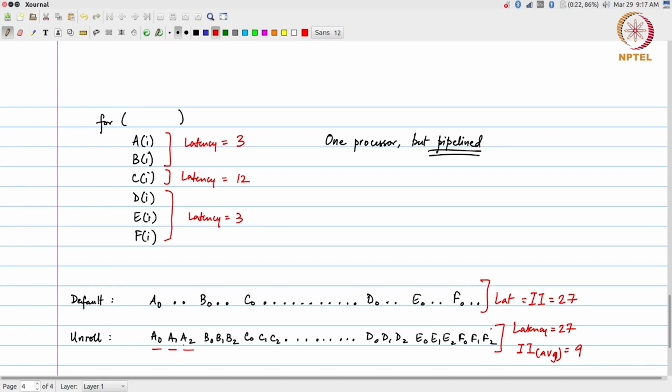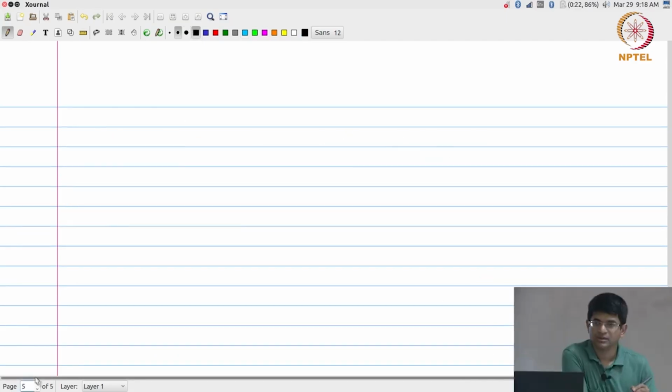Okay. Now, what is the best possible initiation interval for this? I have 6 operations, right. Therefore, the best possible II is 6. Okay. So, let us now look at, supposing I have a timeline that I put down over here.